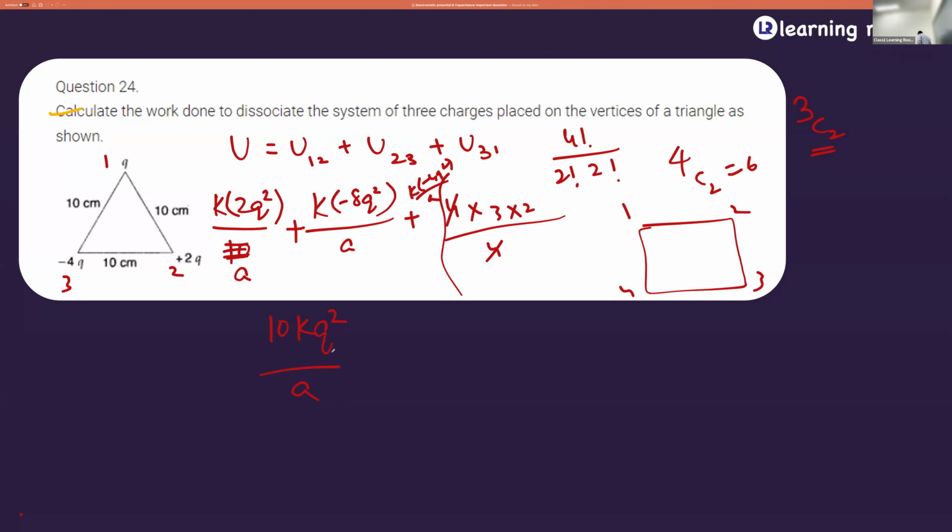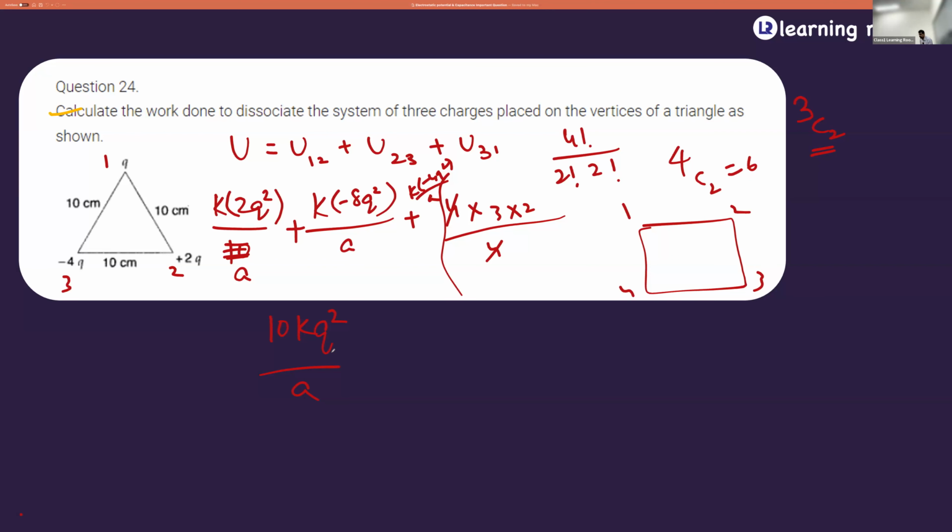Value of Q is not given. You can just use this logic. Is this point clear? Clear with this? No?